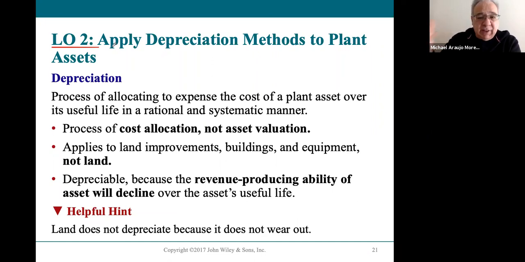So it's going to have a useful life, say 10 years. It's definitely helping me sell my pizzas and my subs and other things, because I use my oven to cook them before I sell them. So it's definitely related to me generating my revenue. It's very important in that regard, and so it's subject to depreciation.